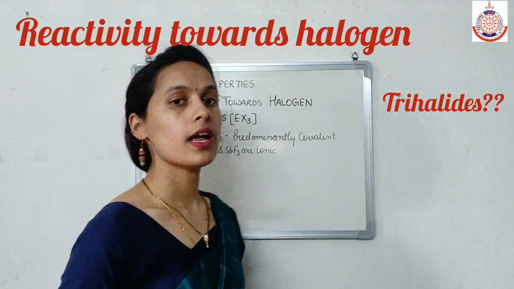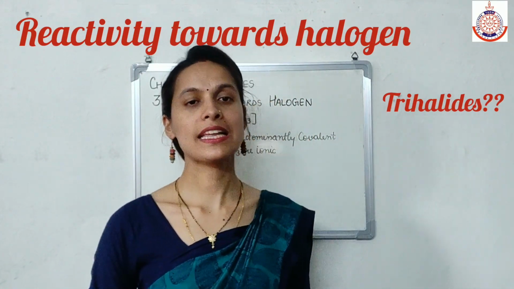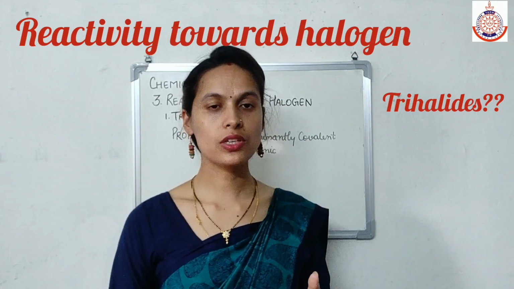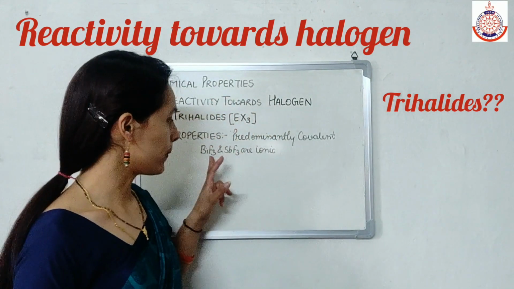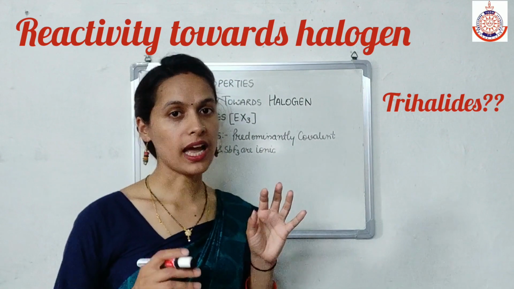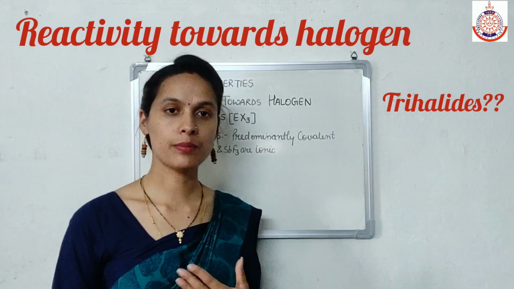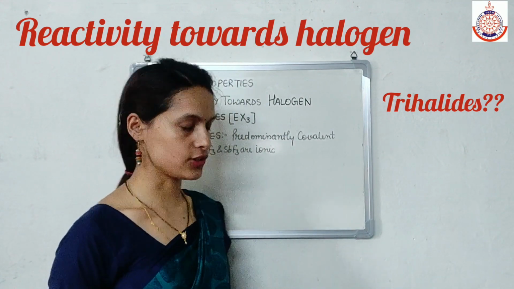So first of all, trihalides are predominantly covalent in nature, and down the group ionic character increases, as a result of which BiF3 and SbF3 are ionic in nature, while all other members are covalent in nature.